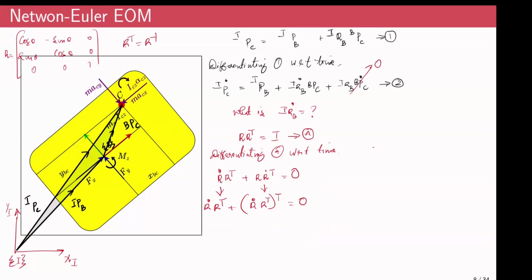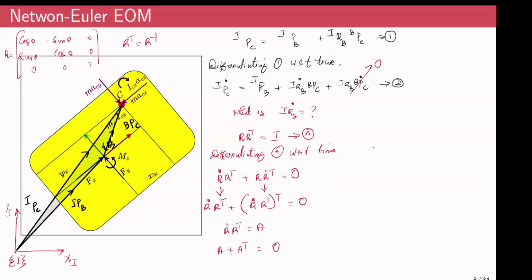So what can you infer from this step? R dot R transpose plus R dot R transpose, the whole transpose, is 0, right? So what does this infer? If I call this R dot R transpose a matrix A, we have the identity A plus A transpose is 0. If the sum of a matrix and its transpose is 0, that means this matrix A is a skew-symmetric matrix, right?